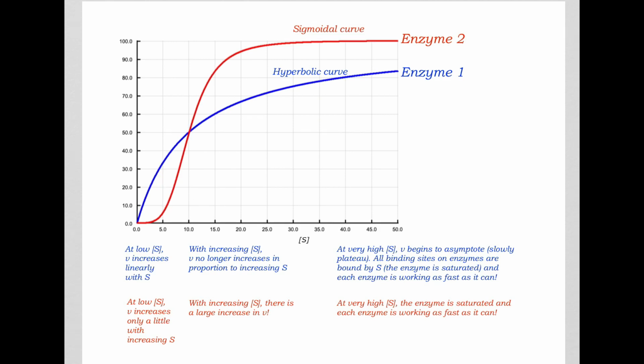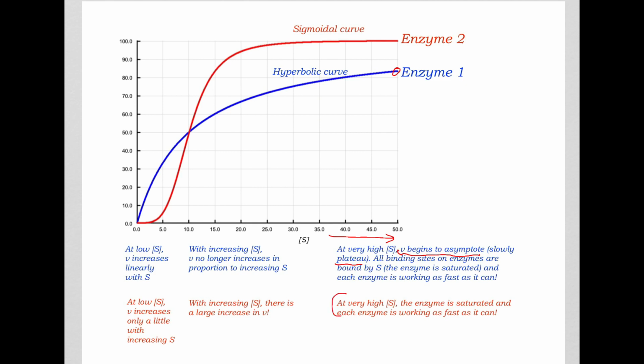Now at very high substrate concentrations, once we go to very high S, the initial velocity begins to asymptote. Basically it plateaus gradually and it doesn't increase substantially anymore with increasing substrate concentration. The same thing happens for sigmoidal curves.